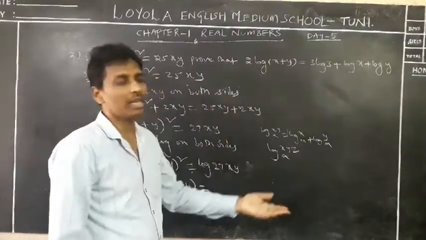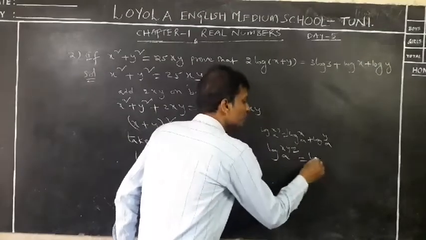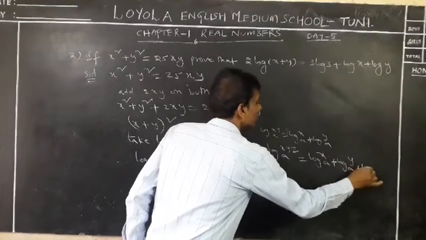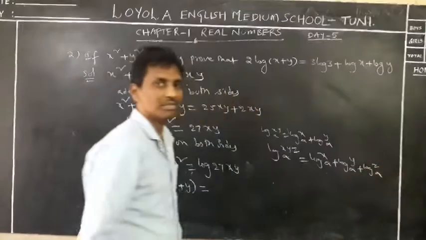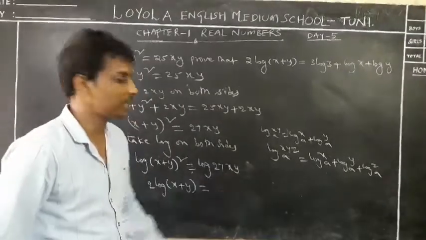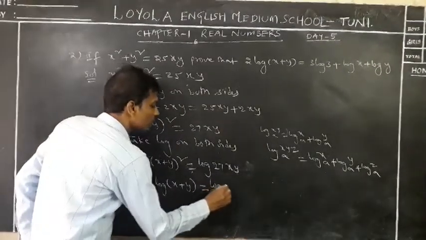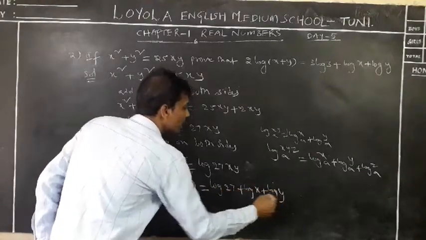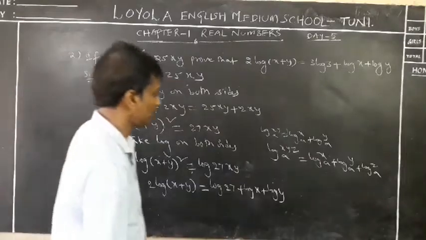Now how the formula may change according to this? Log x to the base a plus log y to the base a plus log z to the base a. So at a time we may write a logarithm for all the 3 terms. So log 27 plus log x plus log y. Yes or no? Right.